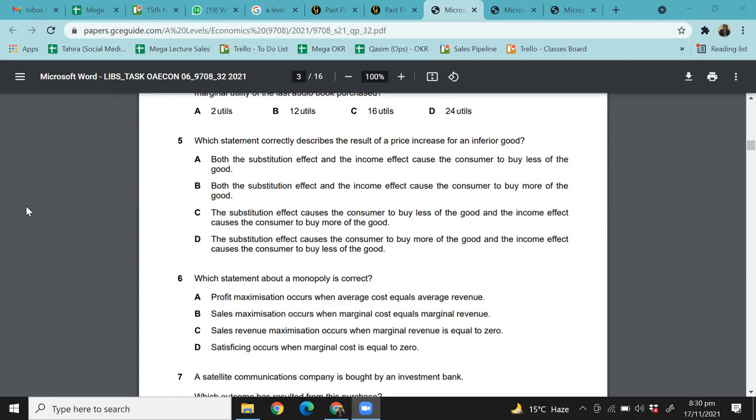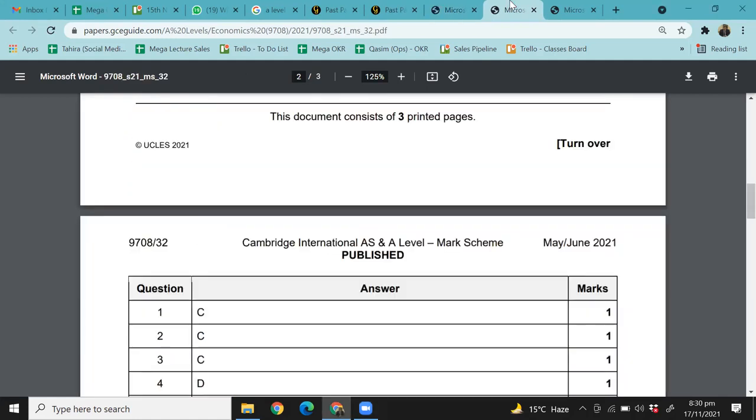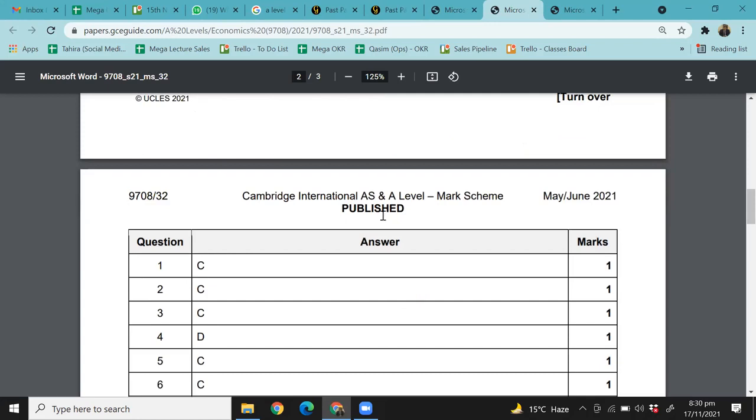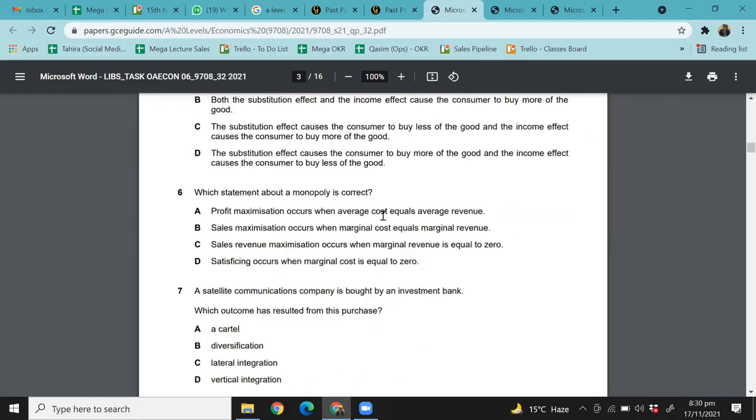When you can buy less, your purchasing power is less, so you would want to buy more of the cheaper goods, right? So inferior goods are bought more due to the income effect. So 5 should be C. 5 is C. Easy.